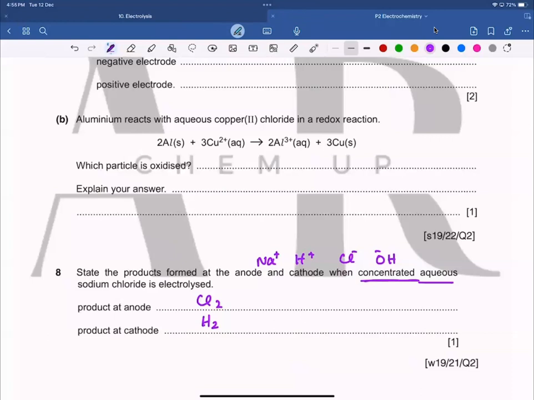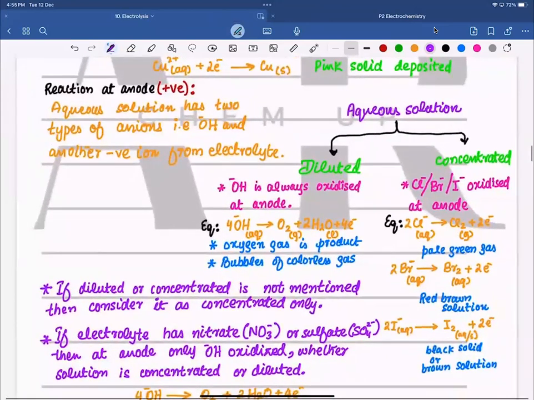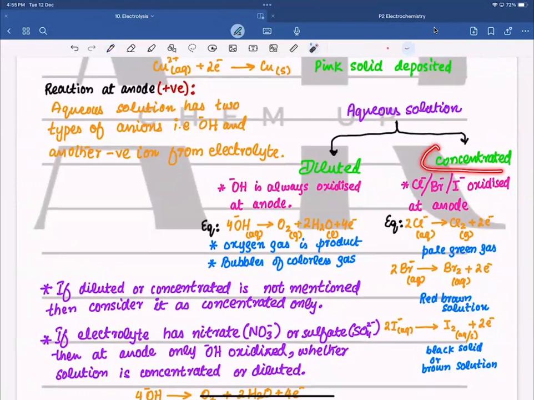See, it's a concentrated solution. You were there in the class when we did this. See, reaction at the anode, we discussed all the cases. Look at the extreme right: if the solution is concentrated, that is, it contains chloride, bromide, and iodide, then these are going to oxidize at the anode.